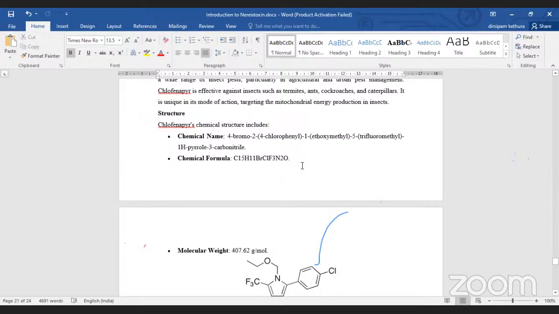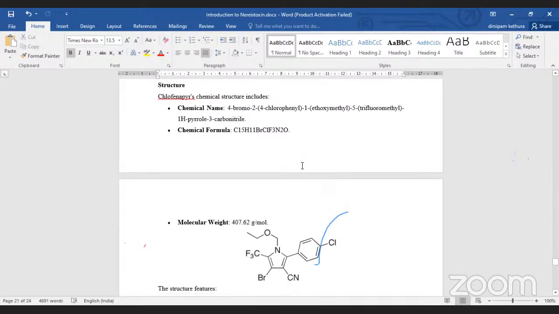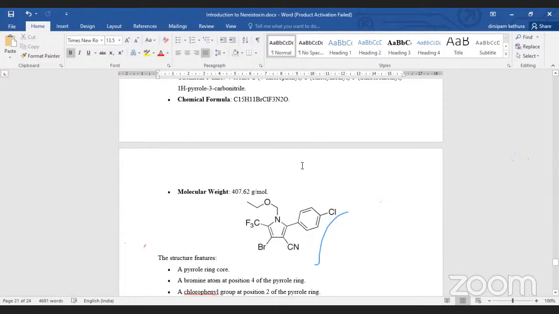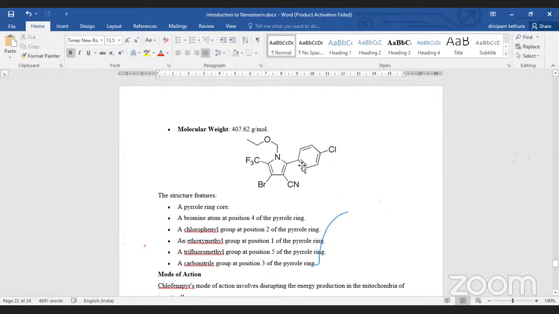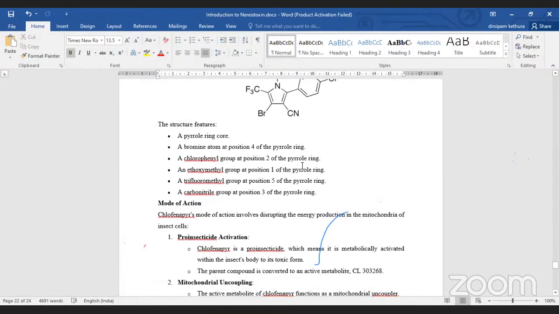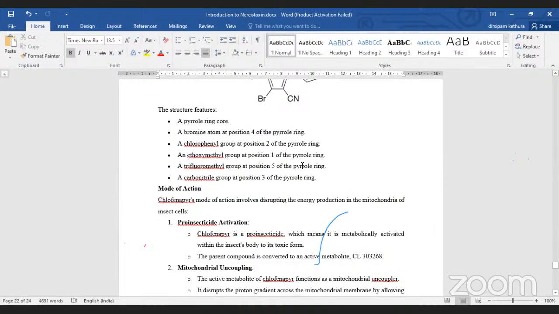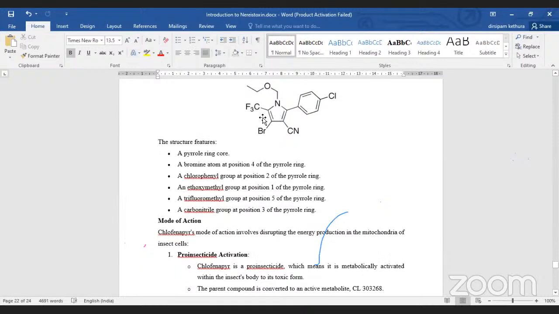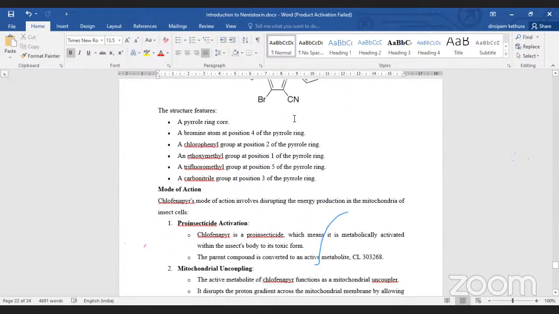Coming to the structure, it is made up of carbon, hydrogen, bromine, fluorine, nitrogen, and oxygen, and the molecular weight is 407.62 grams per mole. If you look at the structure, it has the pyrrole ring with all the atoms.